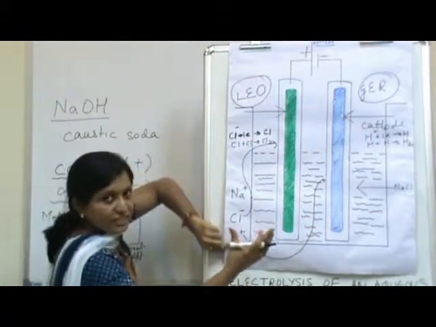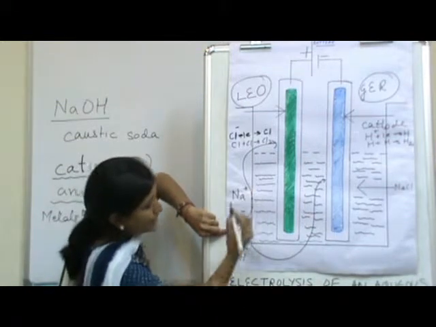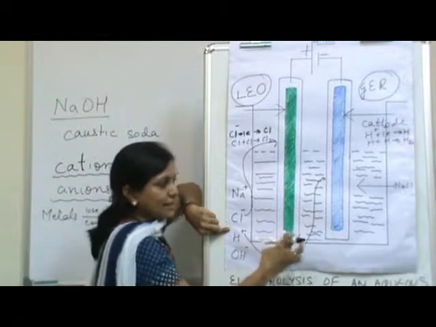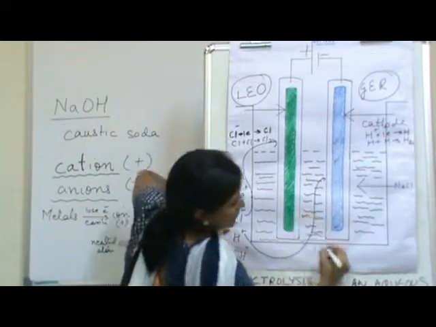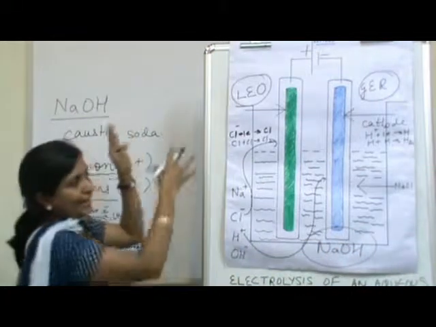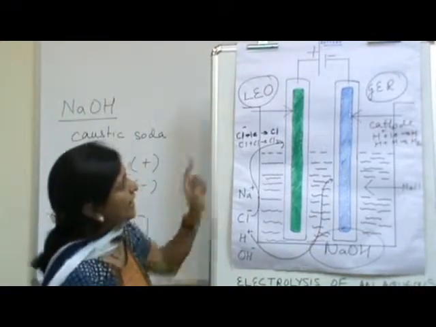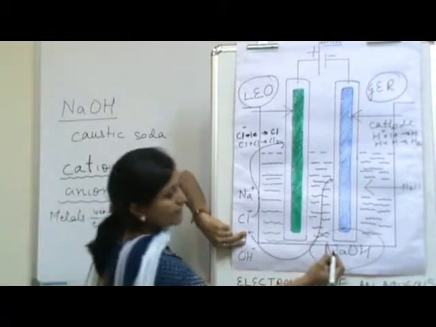Now what is left in the solution? In the solution, we have Na plus and OH minus. This Na plus and OH minus ions which are in the solution, they combine and they form NaOH. So at the end of the experiment, when you do electrolysis of NaCl, we have hydrogen, we have chlorine and we have NaOH.